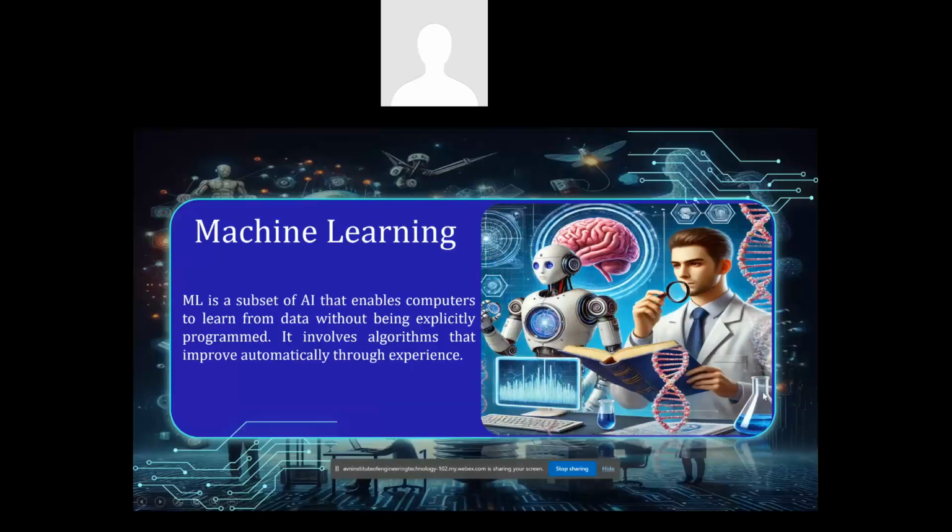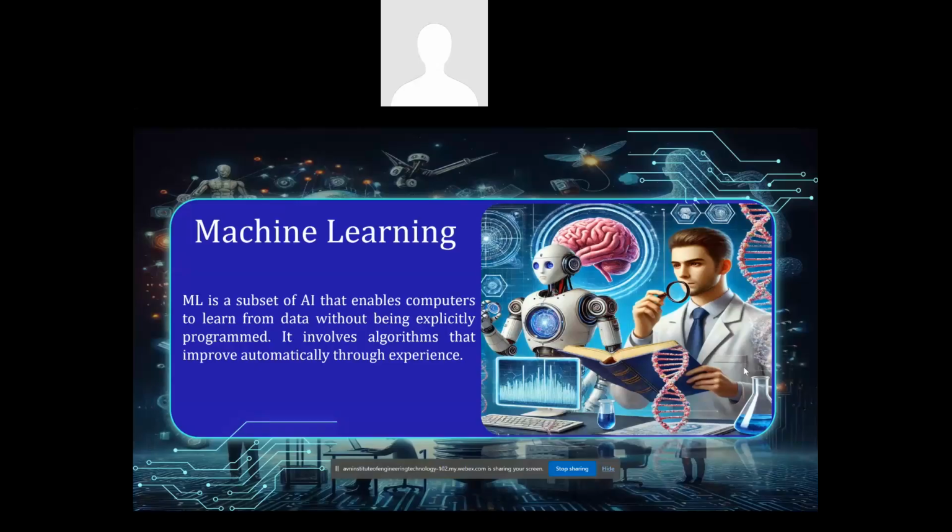Okay, machine learning. In AI we have a lot of subsets, and one of the main subsets is machine learning. In machine learning we are training the machines based on data. For example, we train our kids from birth, trying to make them learn everything.